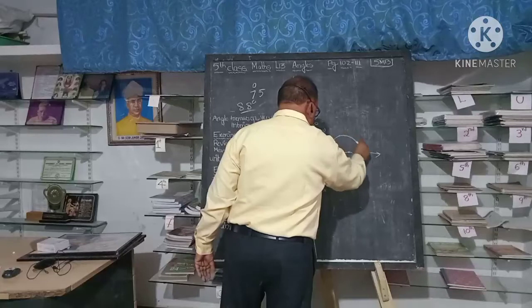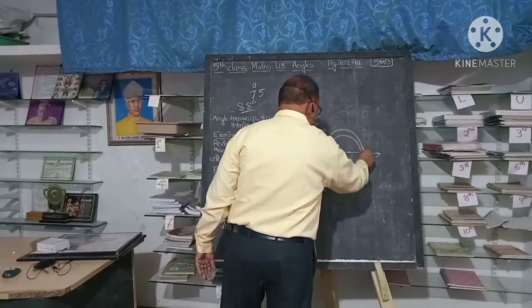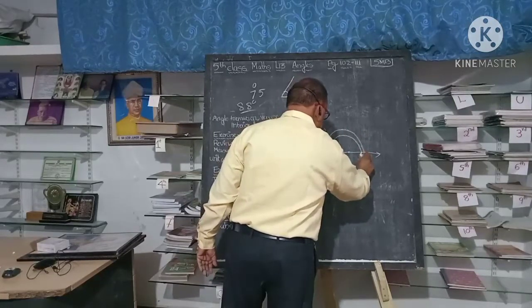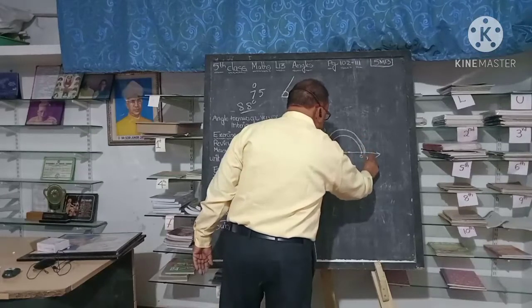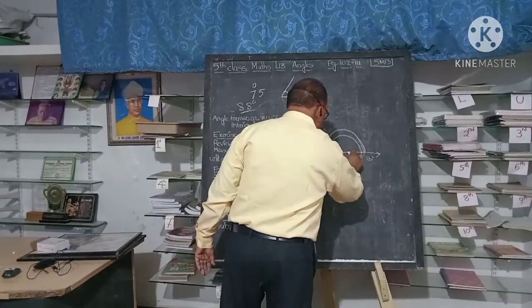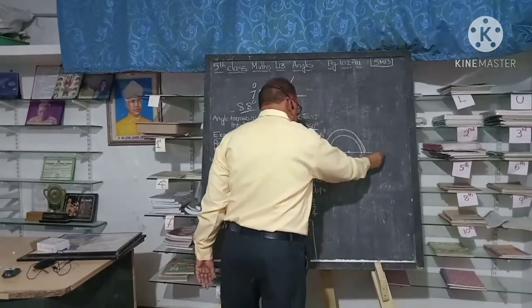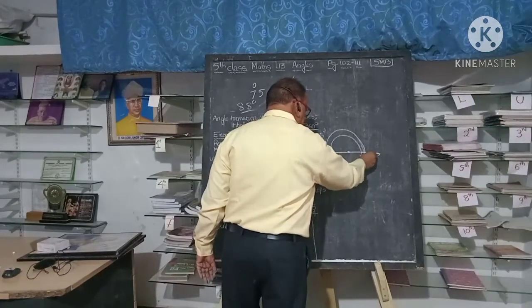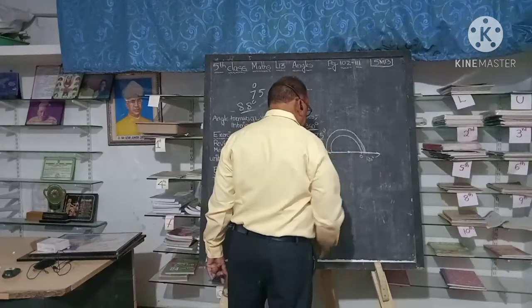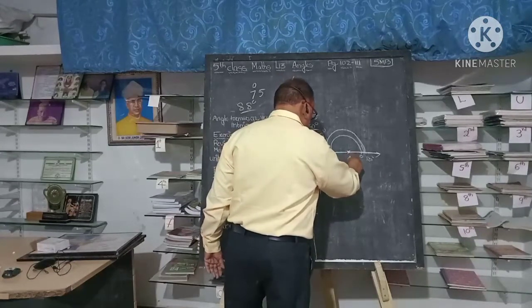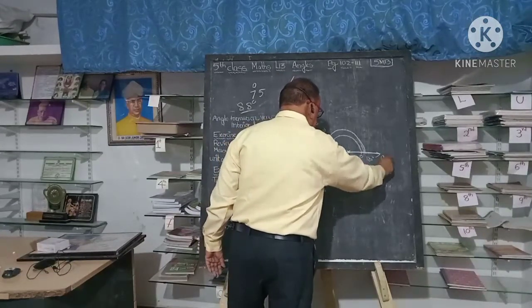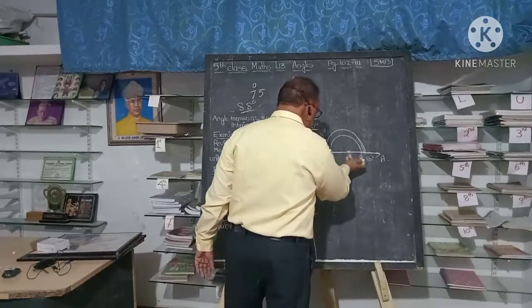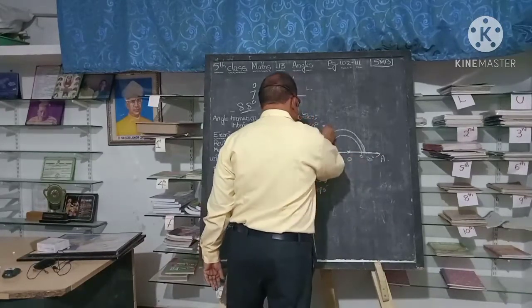Now you put the protractor on top of it, with 0 here and on the other side maybe 180 degrees here, so the baseline of the protractor coincides with the line segment that you have drawn. Say this is O, and this is A. Then you measure 75 degrees.